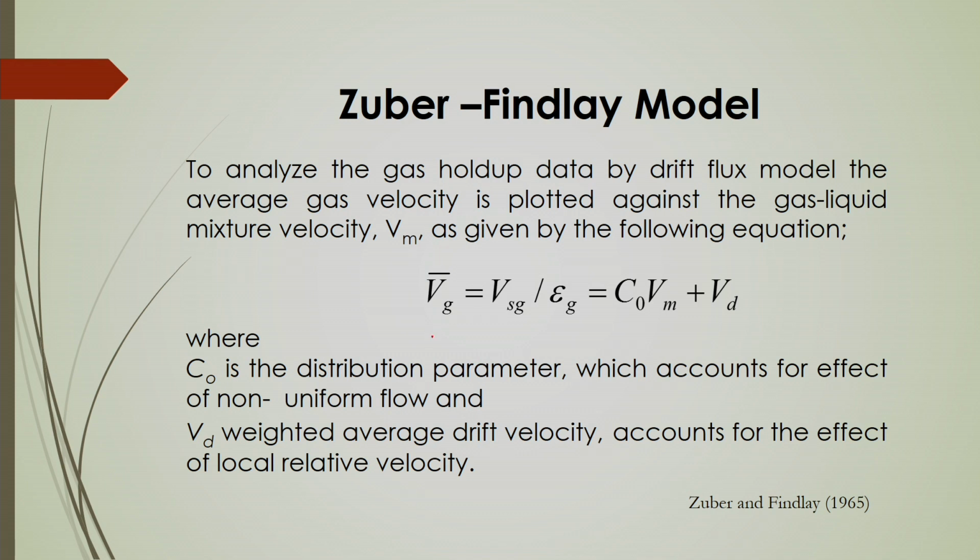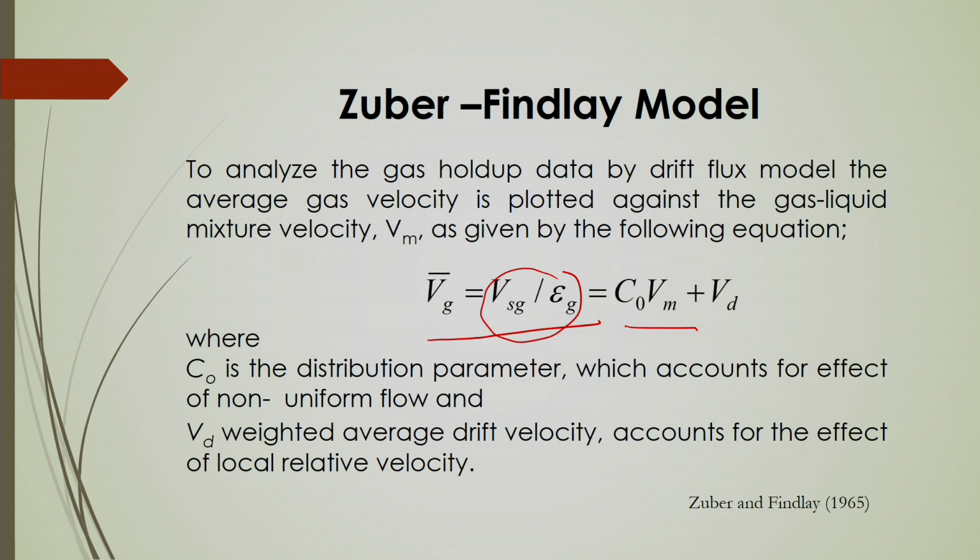In that case, Vg will be considered as the actual gas rise velocity, defined as Vsg by epsilon g. What is Vsg? It is the superficial gas velocity, and epsilon g is the gas hold up in that particular system. So, it will be a function of the gas liquid mixture velocity, and according to that model this function may be a linear function or a non-linear function.